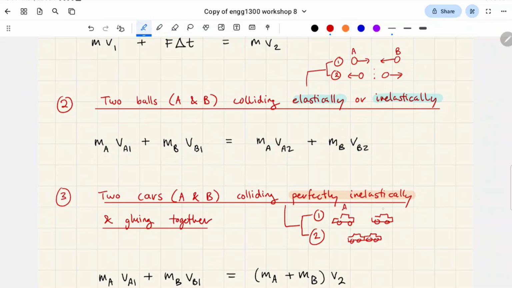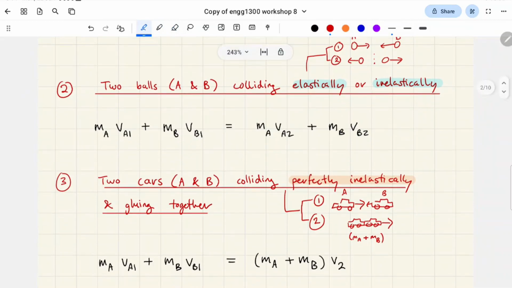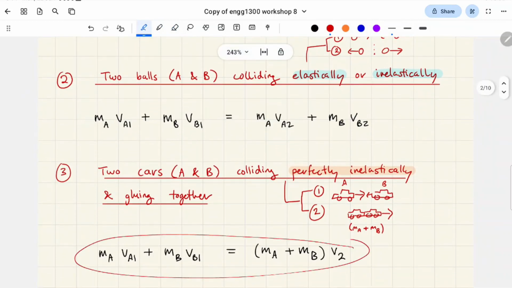If this is car A and this is car B, say car A is going a lot faster than car B, or maybe car B is not moving at all, or whatever. And say they weigh roughly the same amount, then when they glue together, they're going to start heading to the right, and the masses will become intertwined: mass A plus mass B. So that's a perfectly inelastic collision, right?